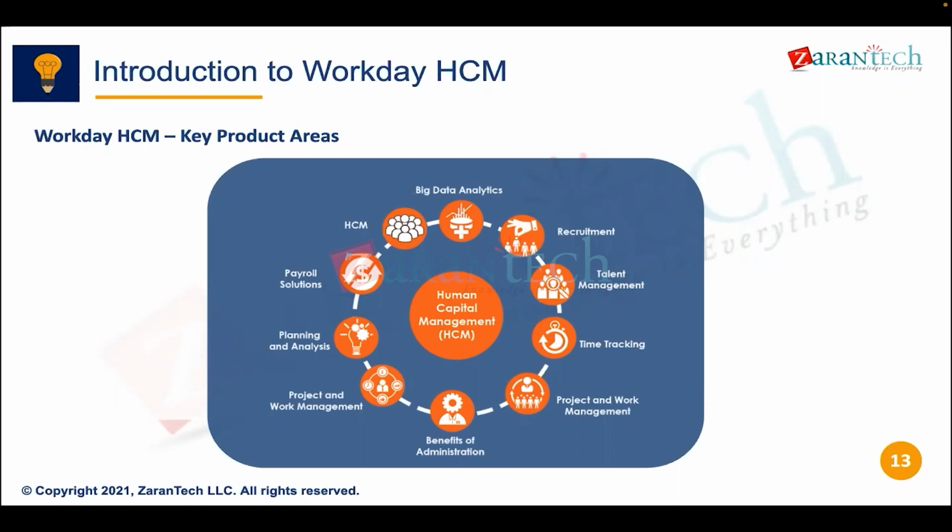For example, big data analytics, recruitment which is a big module, talent management, time tracking, project and work management, benefits administration, then planning and analysis, payroll solutions, and then again Workday. So this is the whole cycle, a vicious circle which comes from HCM and again goes to SCM.